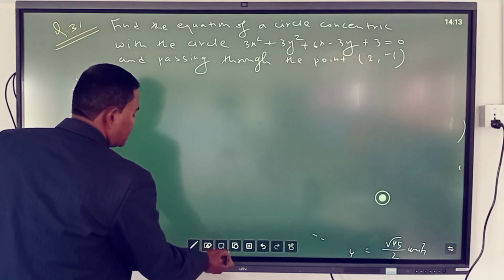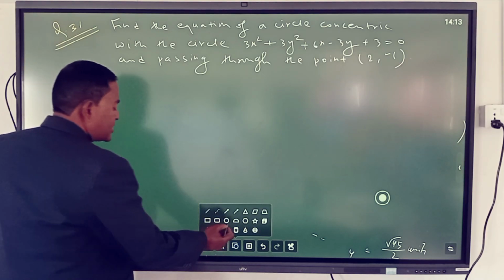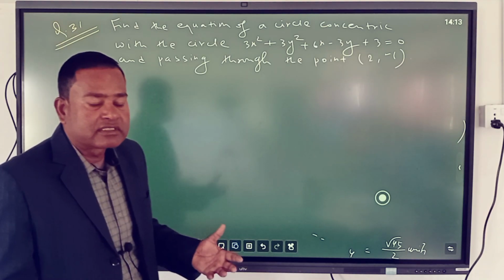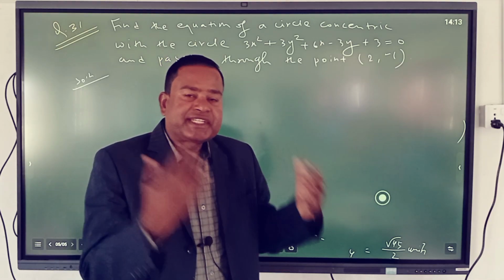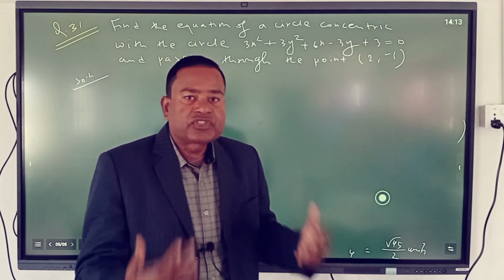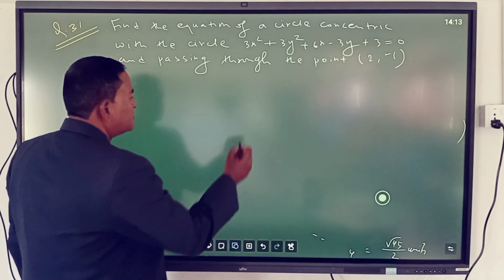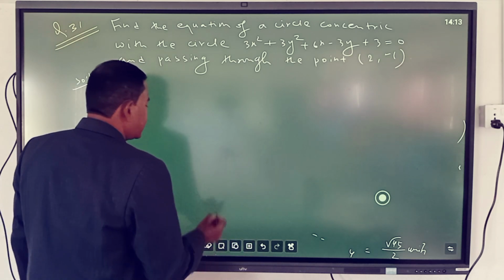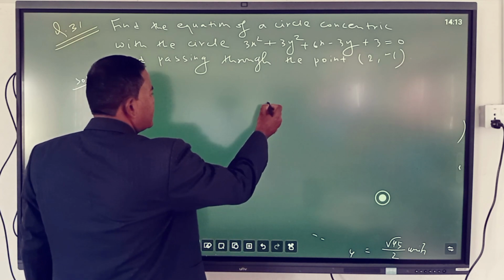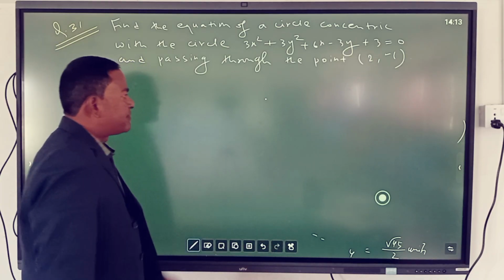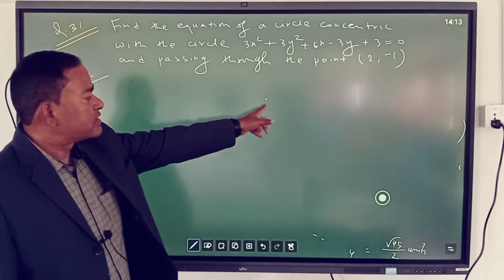So let's draw concentric circle. Dear students, by taking the same center, we are going to draw two circles of different size. Let us take the center of a circle. So I have taken the center of a circle.